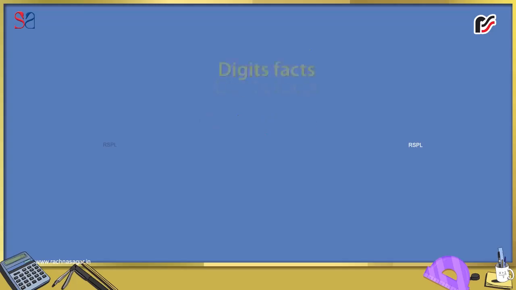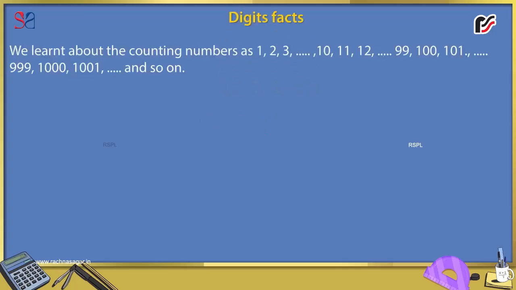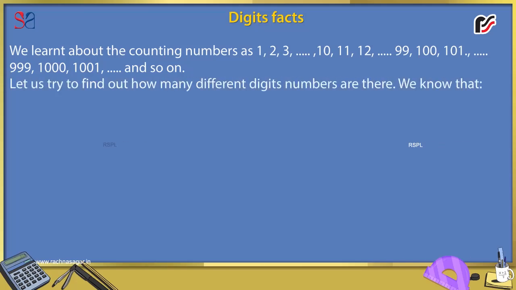Digits facts. We learned about the counting numbers as 1, 2, 3, 10, 11, 12, 99, 100, 101, 999, 1000, 1001 and so on. Let us try to find out how many different digit numbers there are.